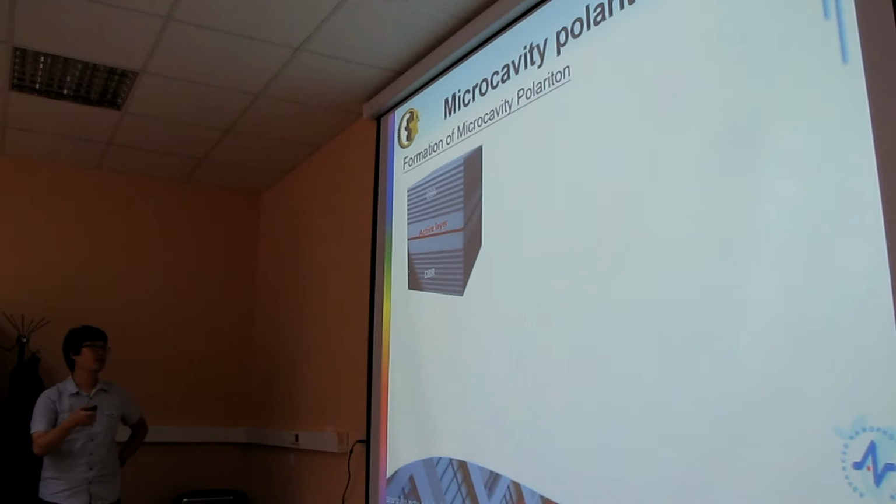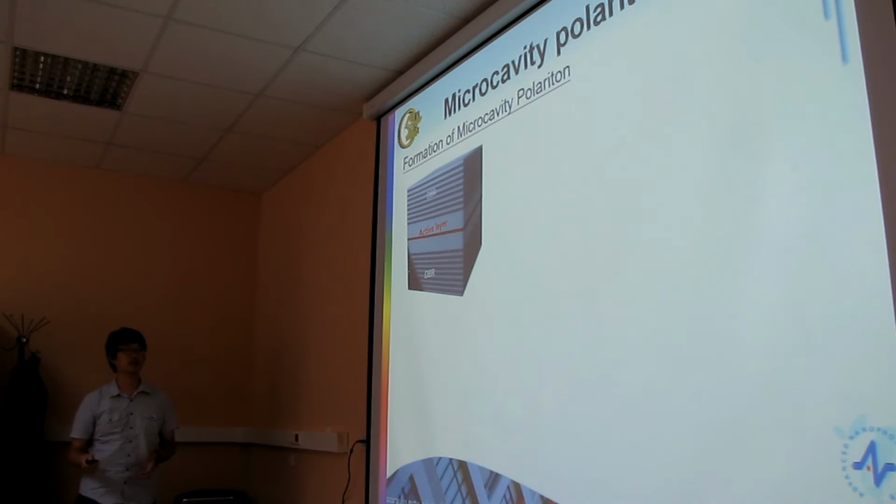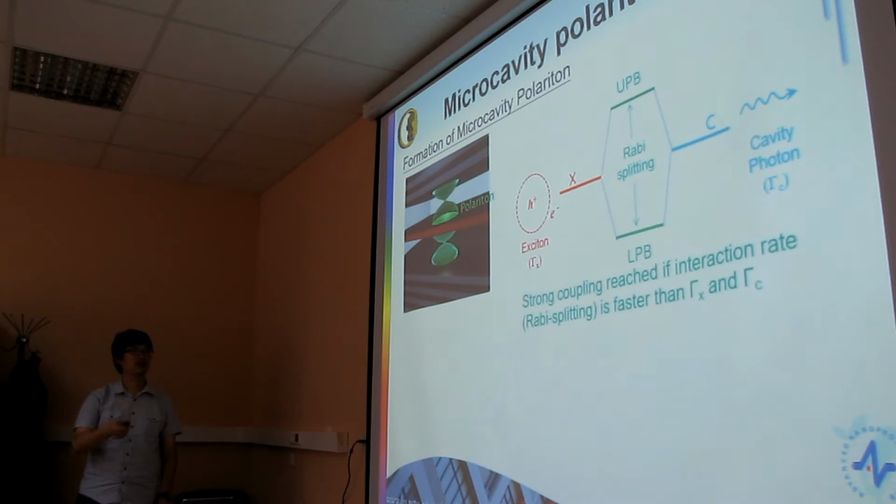So let's talk about the microcavity polariton. First, microcavity polariton is a kind of quasi-boson, which is a mixture of excitons and cavity photons. The energy will split into two branches, which we call the upper polariton branch and lower polariton branch, when the system is under strong coupling.